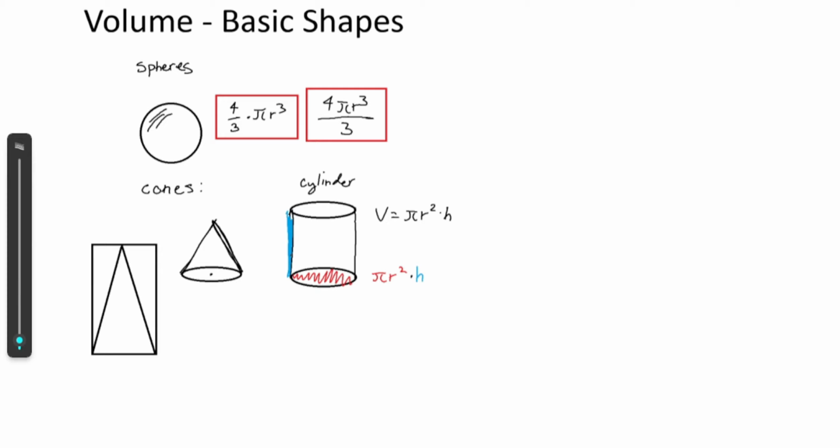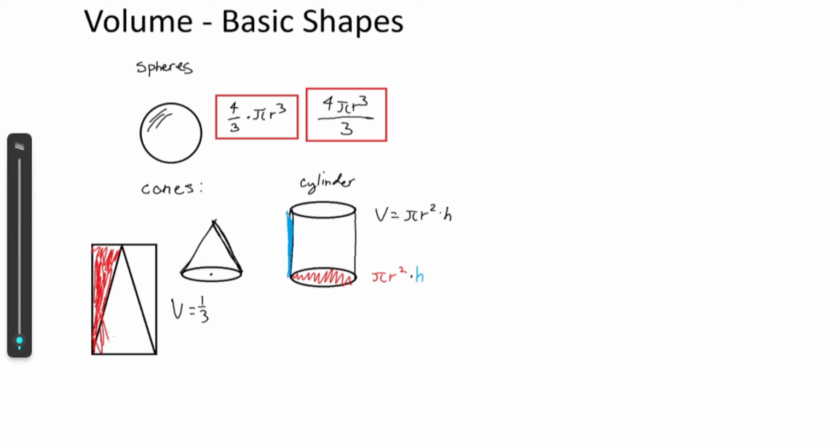So for a cone, the volume is equal to 1/3, and this is because this piece, this red shaded region that I'm coloring right now, is 1/3 of this entire rectangle that I drew.